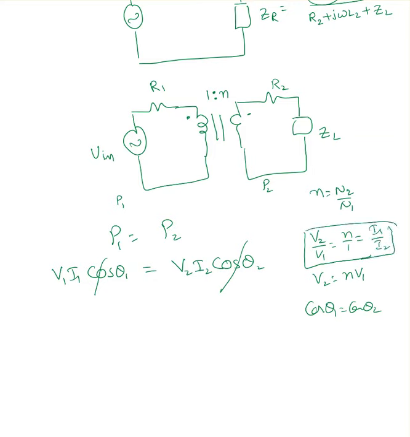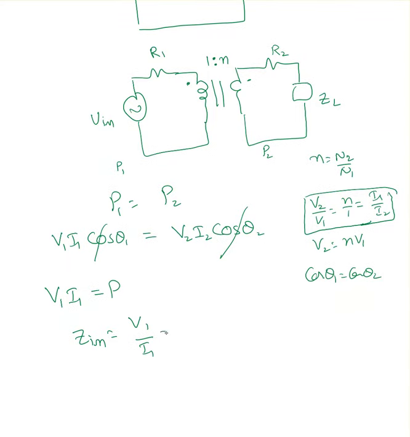So when it comes to P1, V1 times I1 is equal to P. Now when I look at the input impedance Zin, can I write this as V1 over I1? I can write it as V1 over I1. Now I'm going to convert this into V2 over I2.